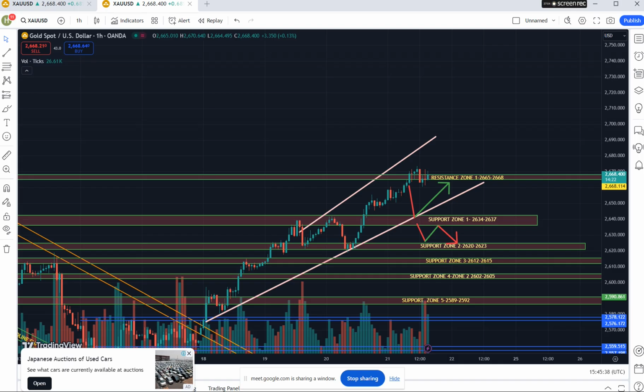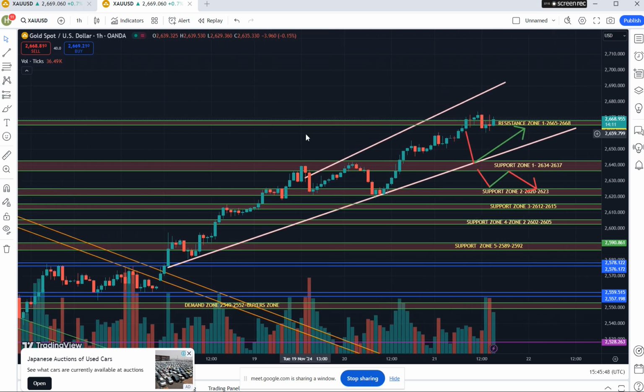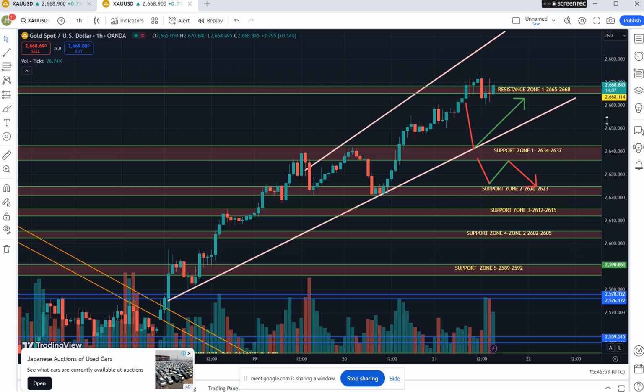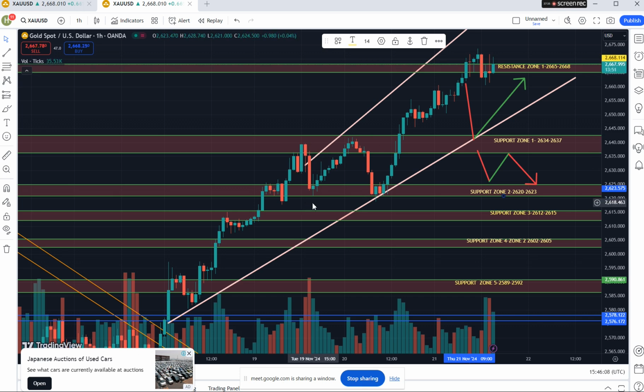Let me show you some examples. When you look here, this is a support. Initially this was support, and then this was resistance. So after the market came down from this resistance, the market started buying.